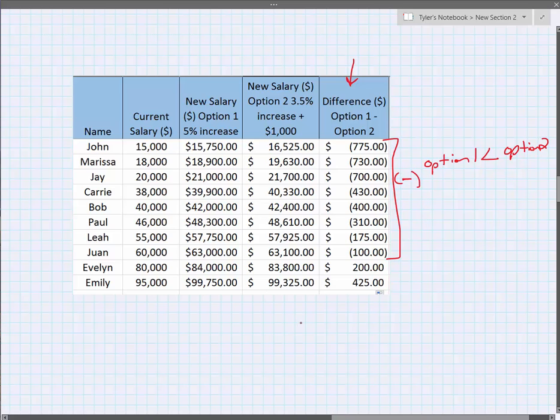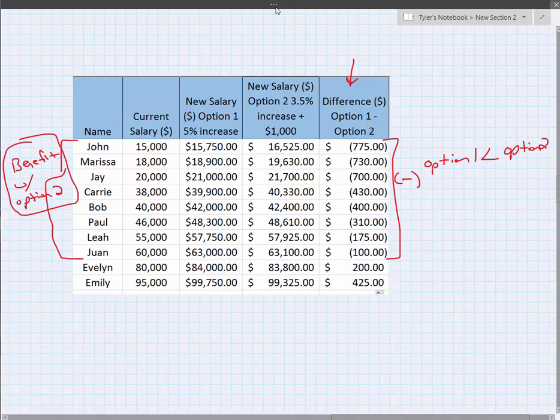That's what a negative sign would mean. So all these people would benefit more from option 2.